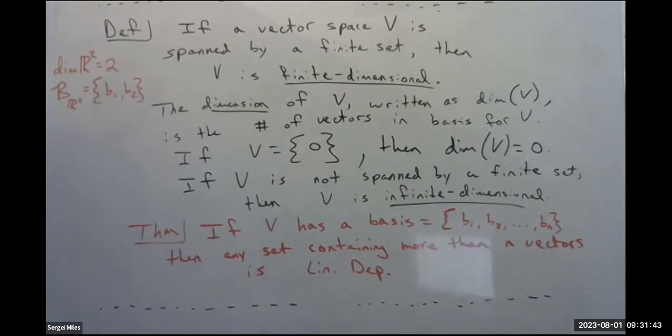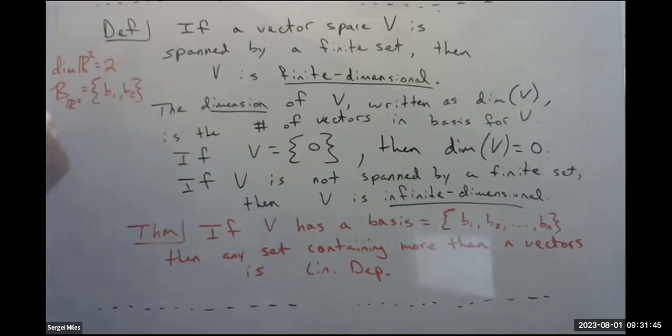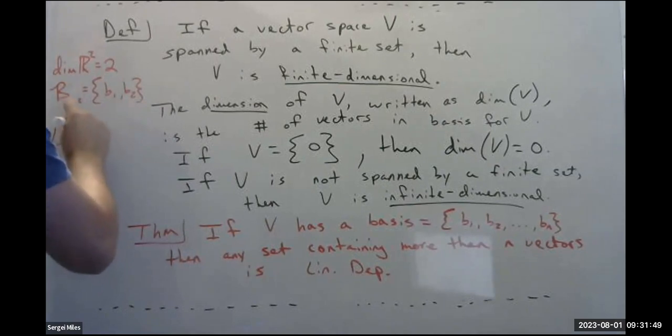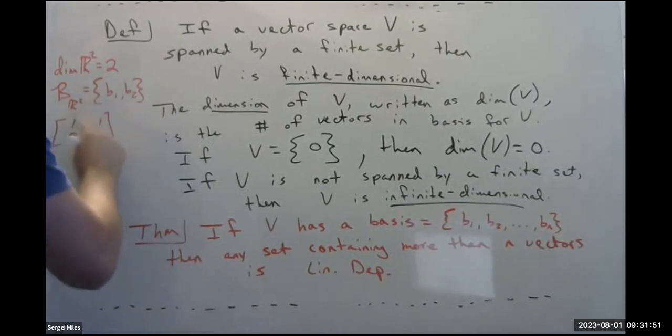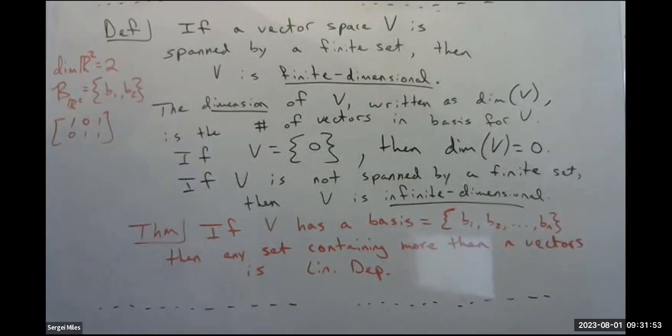What happens if I take more than 2 vectors? Well, at any moment, if I take, for example, 3 vectors, well, remember, what does it mean to be linearly independent or dependent? We're looking to see if there's a pivot in every column, right? Vectors are linearly independent if there's a pivot in every column. But if I'm inside of R2, I can never have more than 2 pivots because I only have 2 rows.